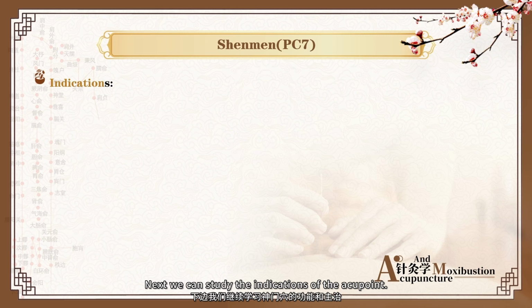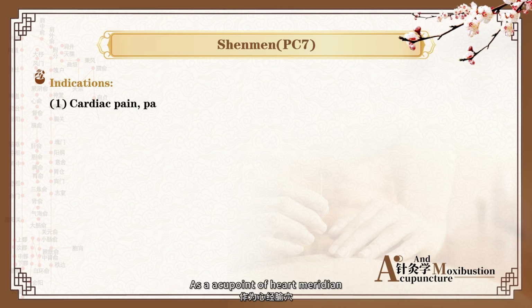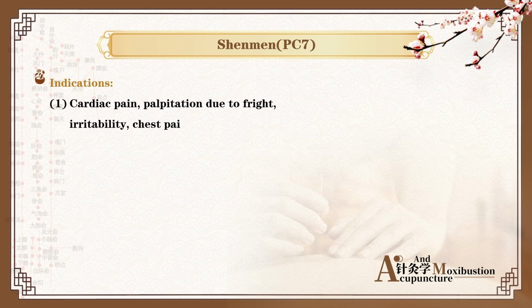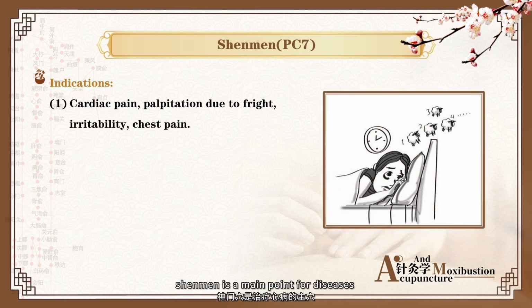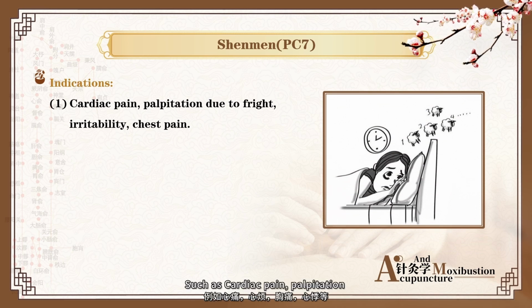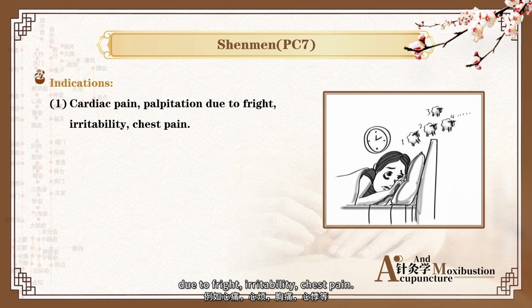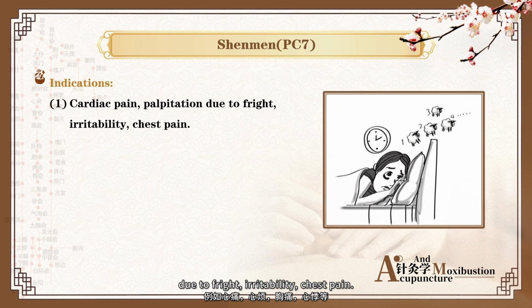Next, we can study the indications of the acupoint. As the acupoint of heart meridian, Shenmen is a main point for heart problems, such as cardiac pain, palpitation due to fright, irritability, chest pain.